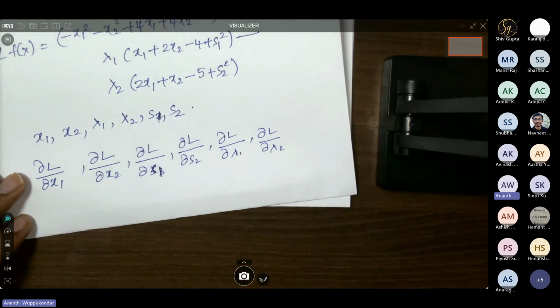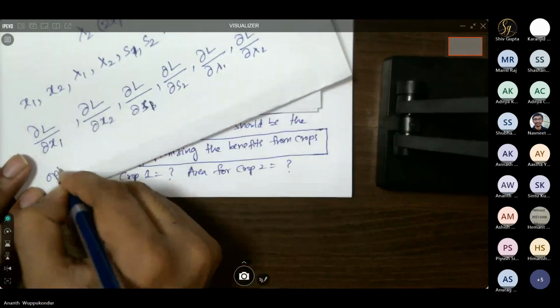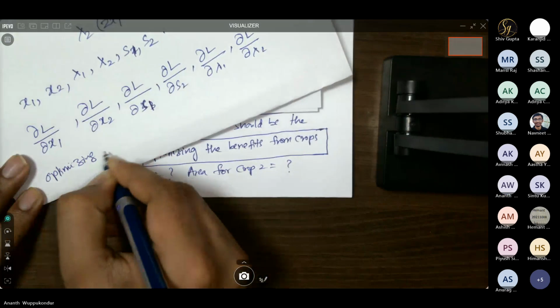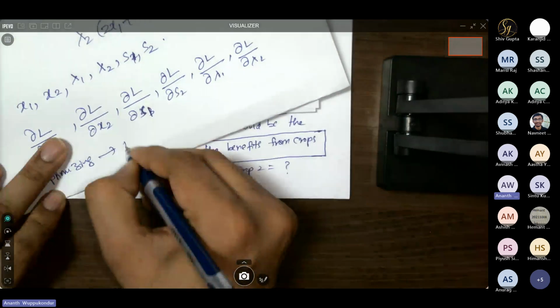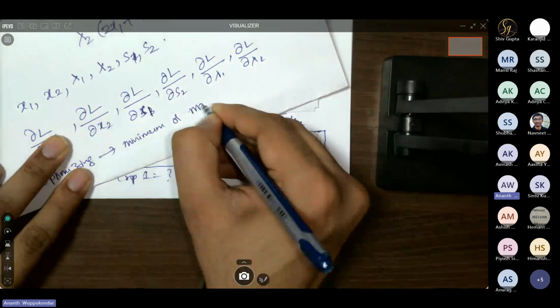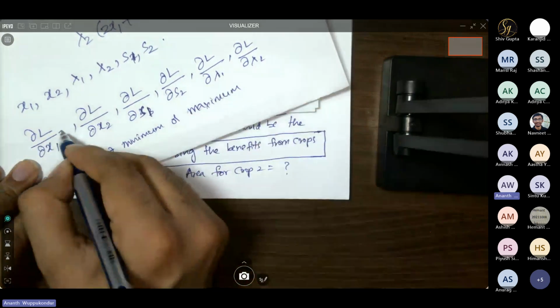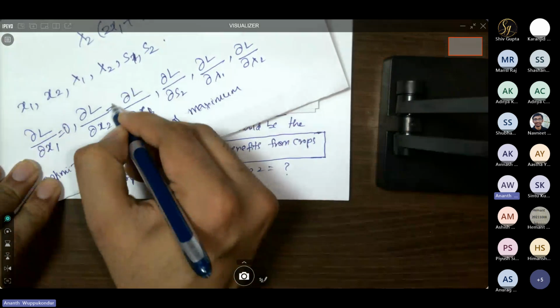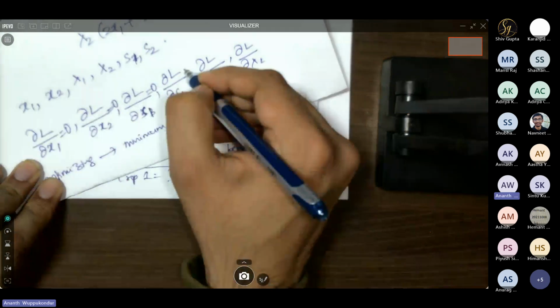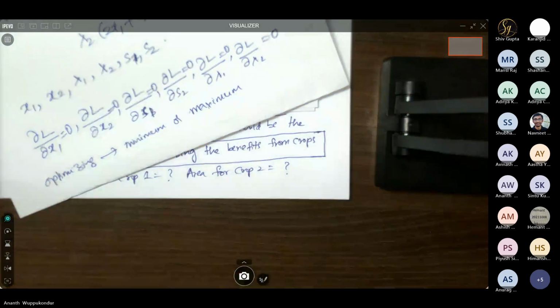So we take the partial differential with respect to all of them. Since we are talking about optimizing, meaning either minimum or maximum, all of these would be equal to 0. So you set them to 0 and then find the values.